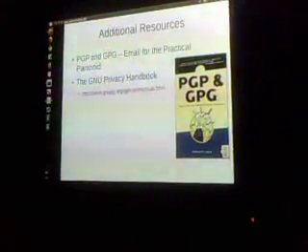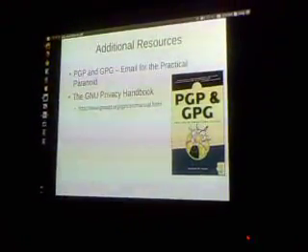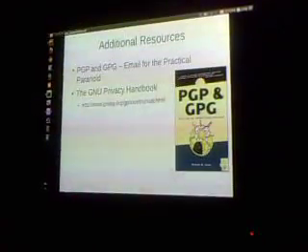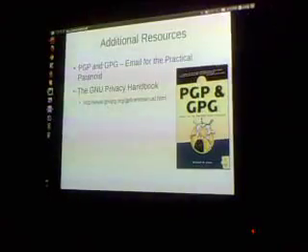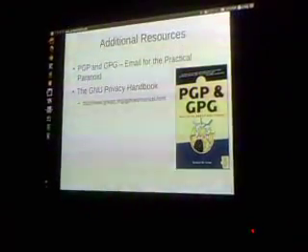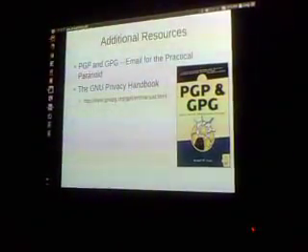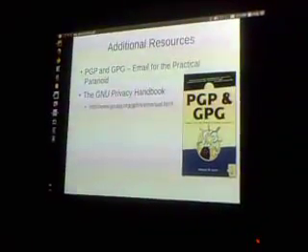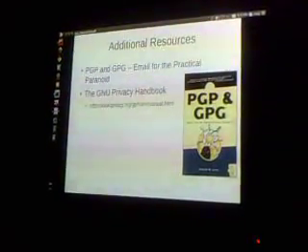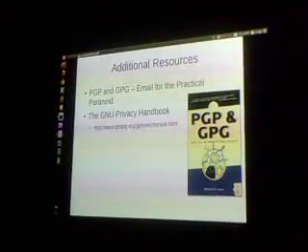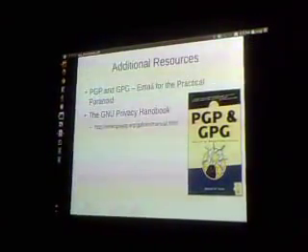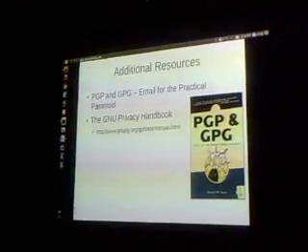So some of the resources that I used. There's a book out there called PGP and GPG. It's a little dated, meaning that it's about 5 years old, so not a whole heck of a lot has changed. Some of the anecdotes in there are maybe just a tad dated. And there's also the GNU Privacy Handbook, which is the version that I saw was from 1999.